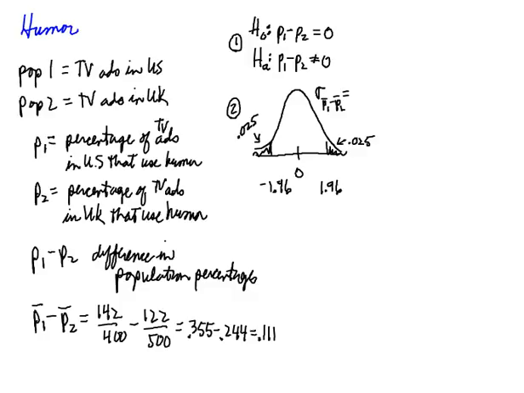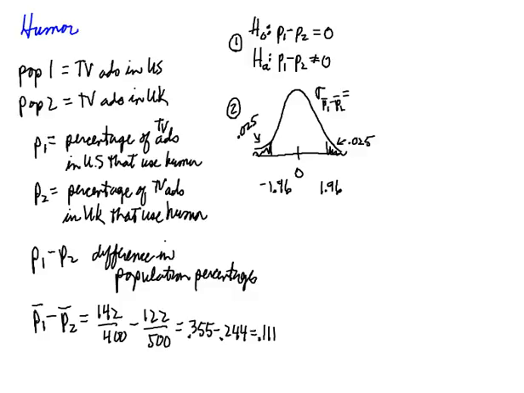In other words, we're putting the center at 0, and we need to calculate the variation. Notice that the null hypothesis also is saying that we're assuming the population percentages are the same. And in building the sampling distribution, I want the best possible estimate of that population percentage.